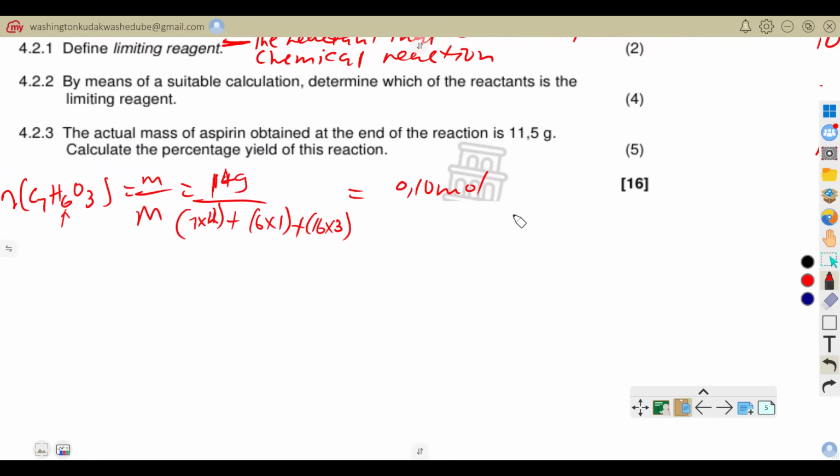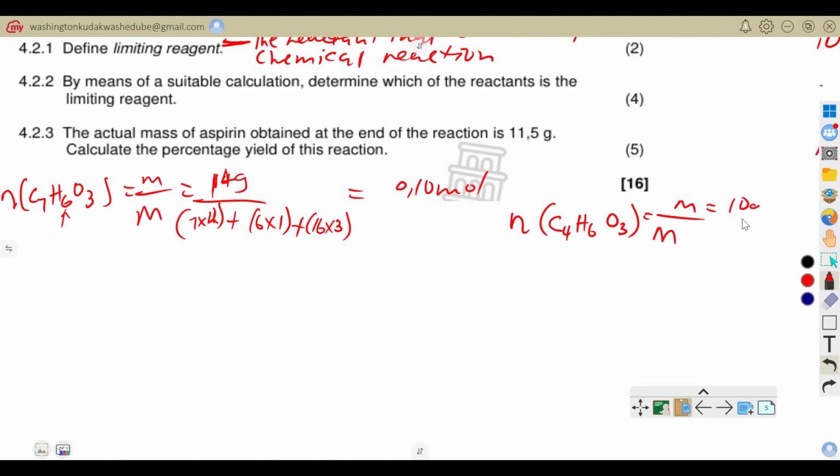So the number of moles of acetic acid, C4H6O3, is the mass over the molar mass.